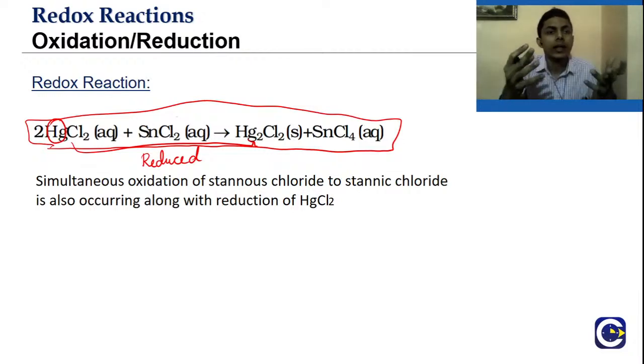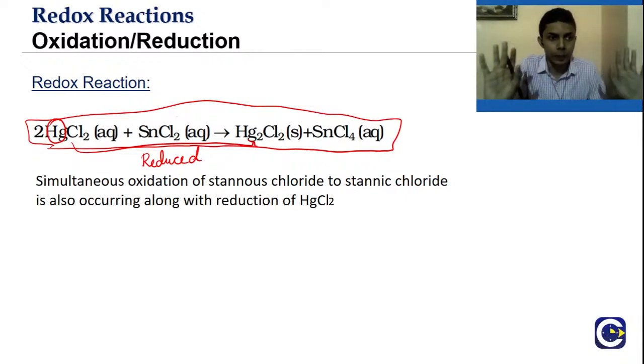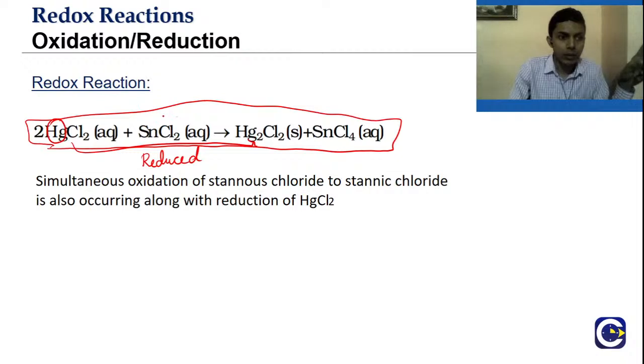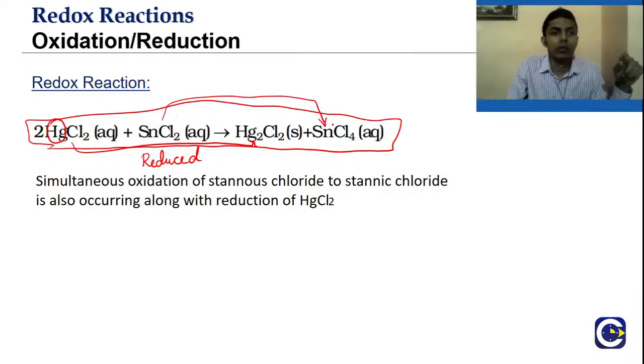So it is undergoing reduction. In the same way, SnCl2 is getting converted to SnCl4. Stannous chloride is getting converted to stannic chloride. What is happening in that process? 2 chlorine are getting attached. Since 2 electronegative, oxygen-like atoms are getting attached, it's oxidation.